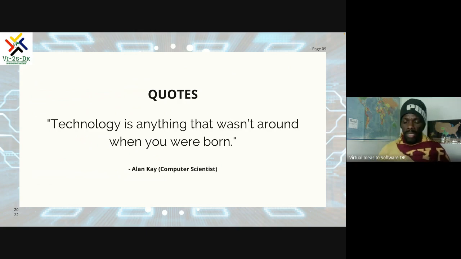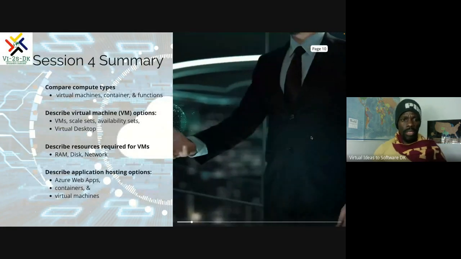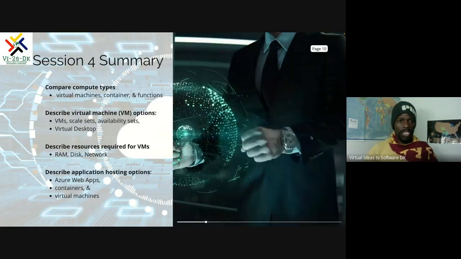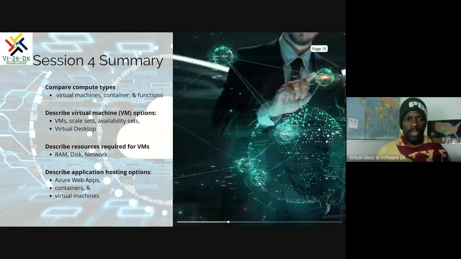Okay, but that's about it for compute services. There are a lot more compute services. When you go on there and search, you would see, and you'll also be able to understand this better. But at the end of the day, we have been able to talk about virtual machines. We talked about containers. We talked about functions.